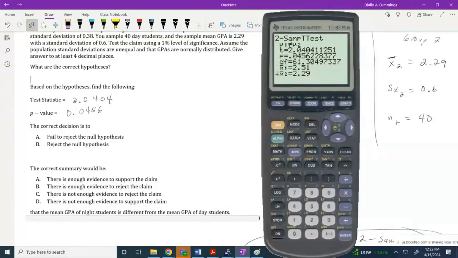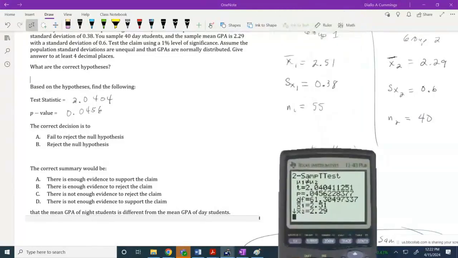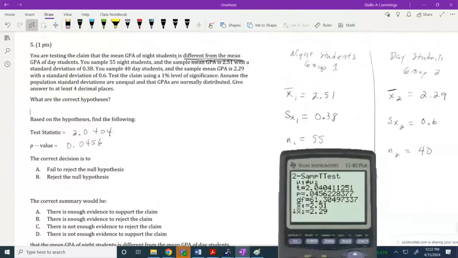So what is our decision? Now, the thing about this problem is they give you the significance level as a percent. We should change that percent to a decimal and compare decimals. Or you could change the p-value to a percent and compare the percent.